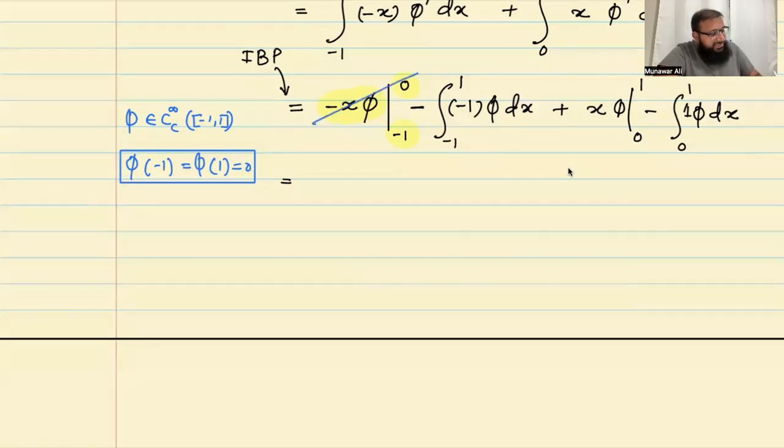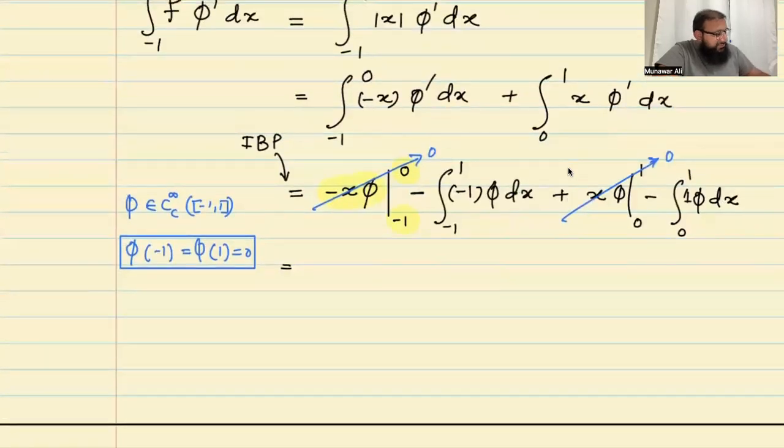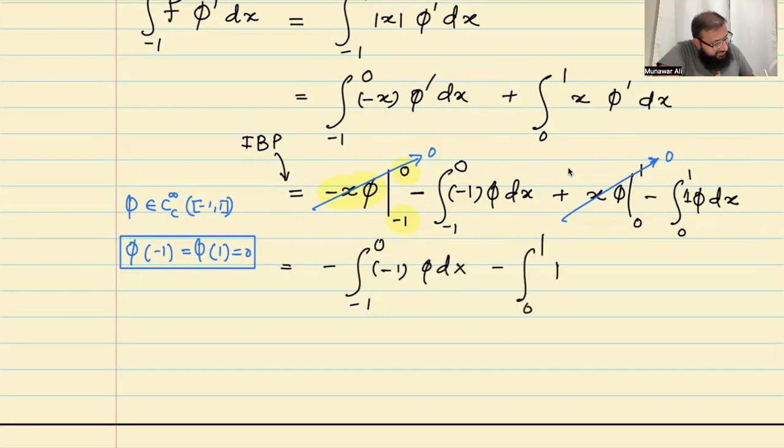So this whole term goes to 0. Similarly, this whole term goes to 0, because if you evaluate this phi at 1, this is 0, and if you evaluate at 0, this is 0. So these two terms vanish. And what is left with us, you can see easily, is minus the integral from -1 to 0 of 1 times phi dx, minus the integral from 0 to 1 of 1 times phi dx.